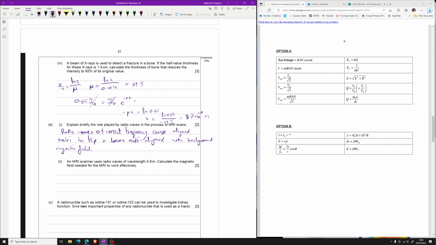Nuclei flip back and emit radio waves, which are detected. I think that's probably it. There's only 2 marks here, so I'm going to stop there.